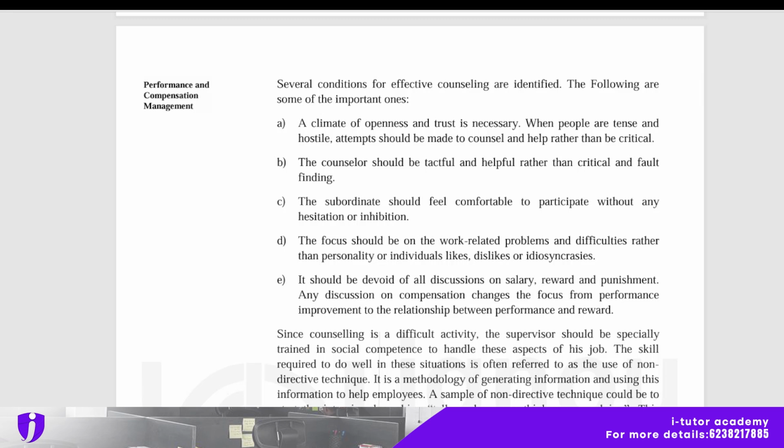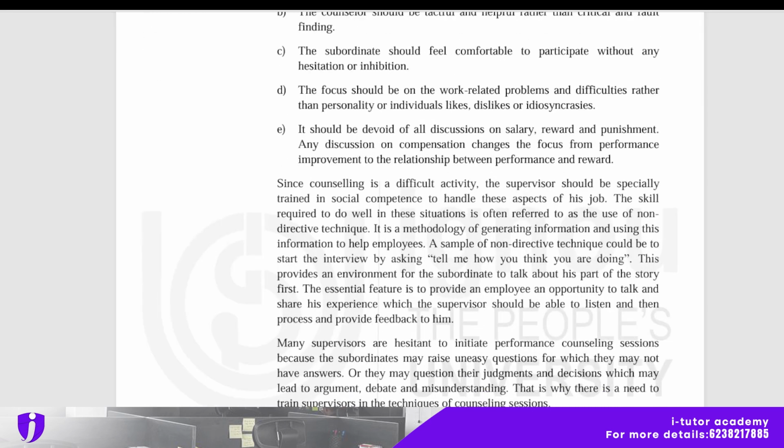And the focus should be on the work related problems and difficulties rather than personality or individual likes, dislikes or crises. And it should be devoid of all discussions on salary, reward, and punishment. Any discussion on compensation changes the focus from performance improvement to the relationship between performance and reward.